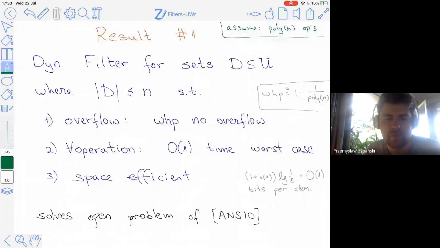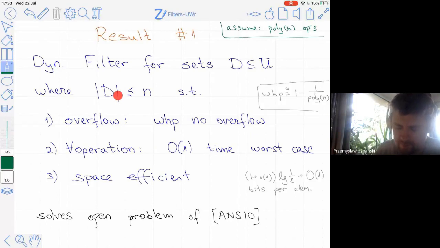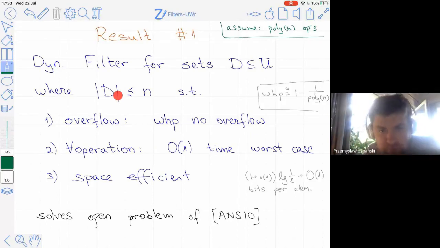Okay, so the first result is a dynamic filter for sets. This event of overflow means that when you begin, you design this filter for a specific epsilon and for a specific n.